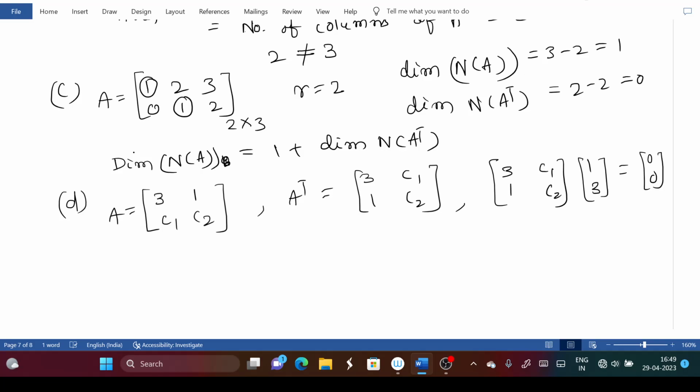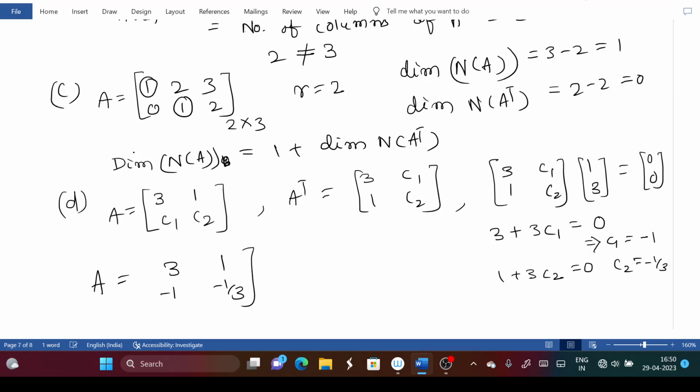This implies 3 plus 3C1 is equal to 0, so C1 is equal to minus 1. Similarly, the second equation gives 1 plus 3C2 is equal to 0, so C2 is equal to minus 1 by 3. So my matrix is A equal to (3, 1), (minus 1, minus 1 by 3).